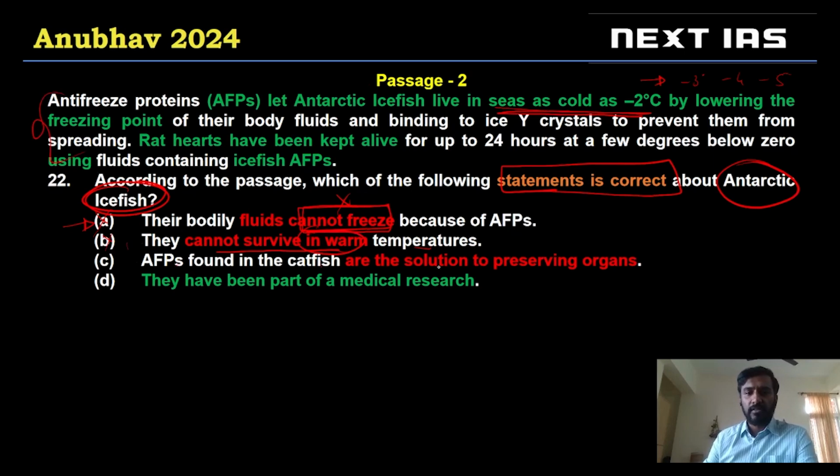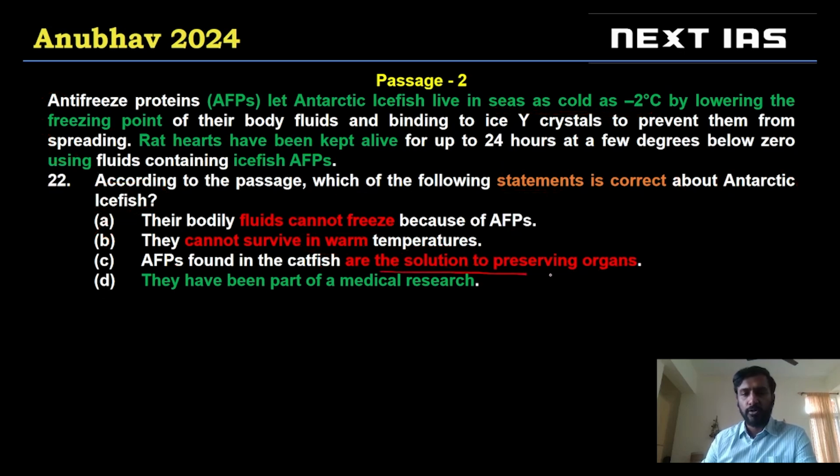AFPs found in catfish are a solution to preserving organs. This means this would help us preserve organs. For a solution, first there would have to be a problem in preserving organs, which we also can't really infer from the passage. And therefore we have found the solution, which we also can't infer from the passage. So for C, we can't even consider it a fact, we can't consider it a valid inference.